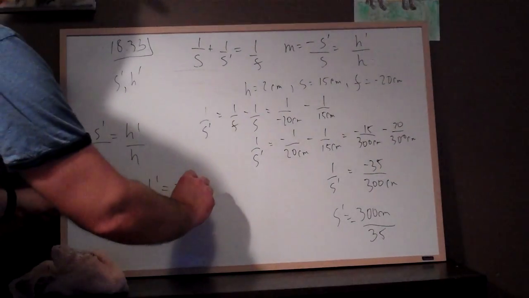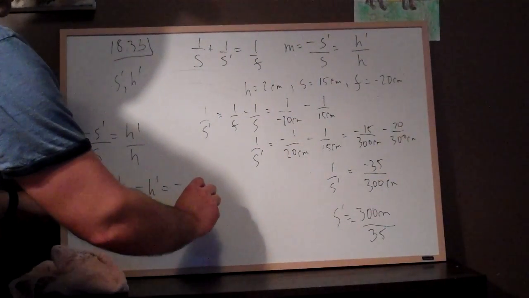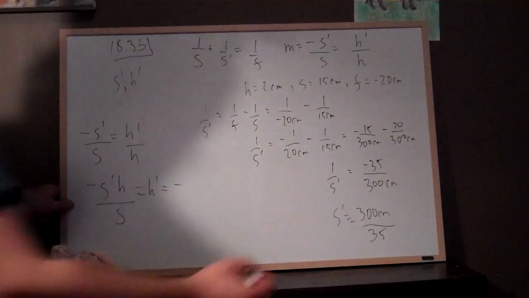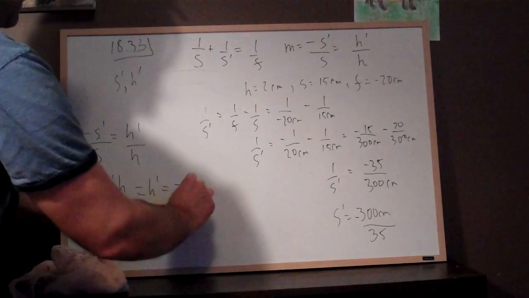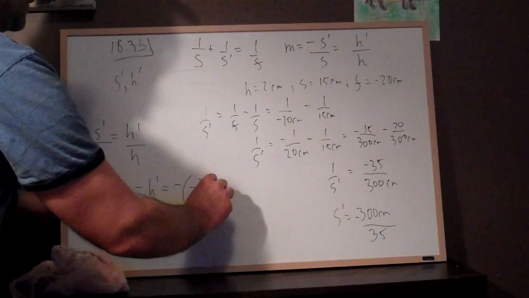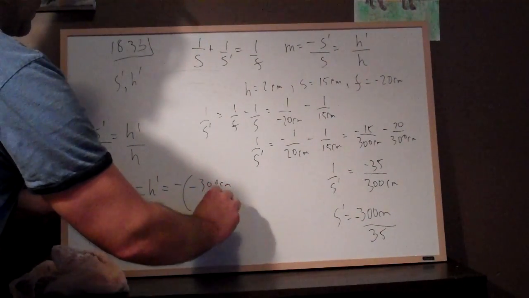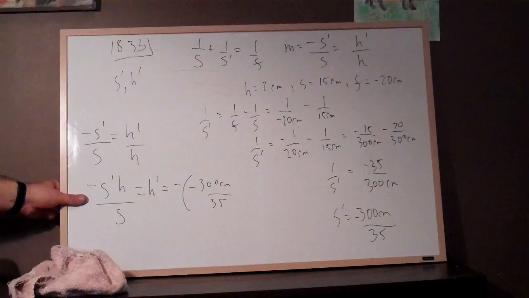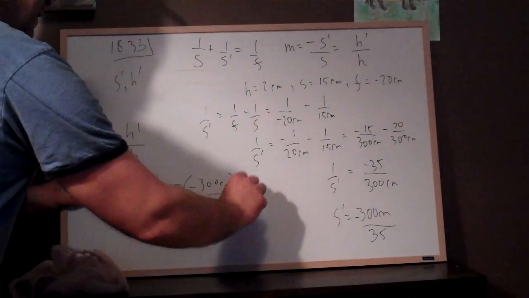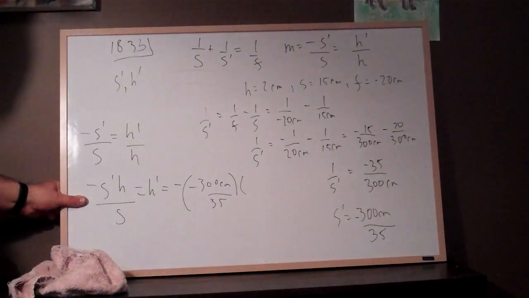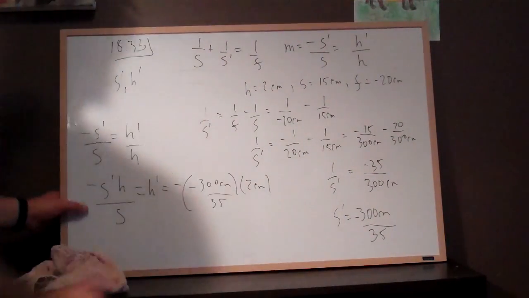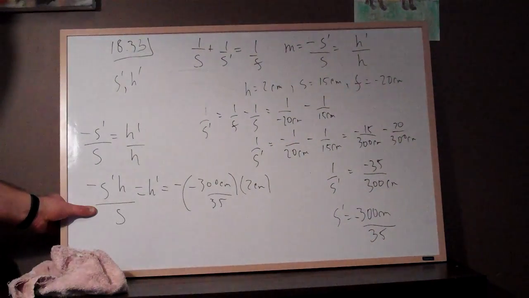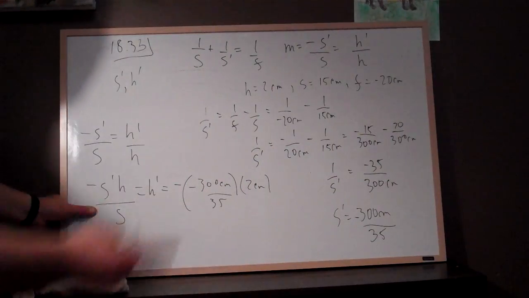I'll just write the whole thing out. So minus, I forgot the minus sign here. Well, here it is. So minus, then this is minus 300 centimeters divided by 35. That is S prime. And then times H, and H is 2 centimeters. And then the whole thing divided by S, and S was given to us 15 centimeters.